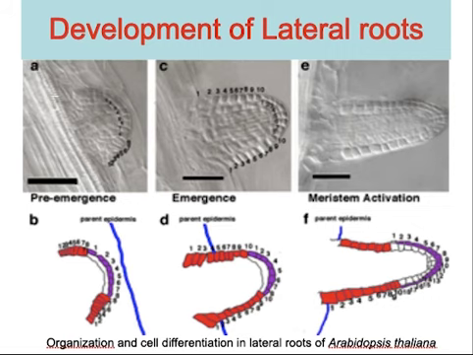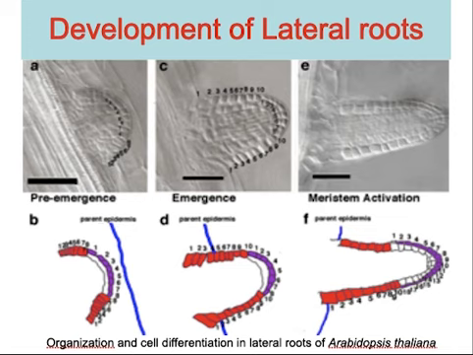Although lateral roots display more variability in cell number and precise cellular organization, analysis of cell division patterns aided by enhancer trap lines that mark various root tissues has been used to stage lateral root development. Eight stages were defined based on specific anatomical characteristics and cell divisions.